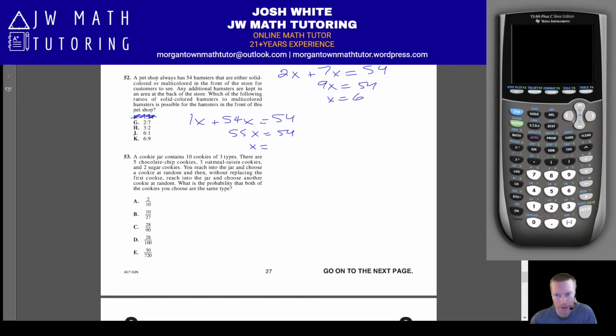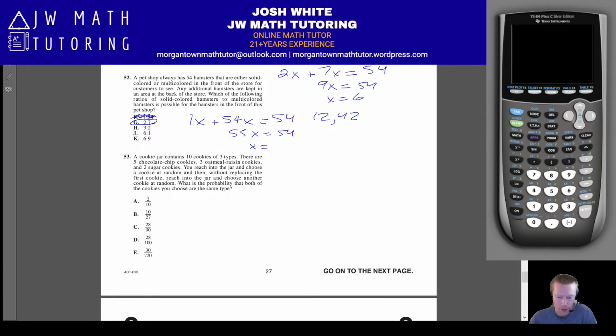So since that happens here and I get 6, that means that if I plug that back in, it's going to be 12 of the solid color, and it would be 42 of the multicolor. Okay, and notice that checks because that adds up to 54. So this is going to be the correct answer, letter G here, 2 to 7.